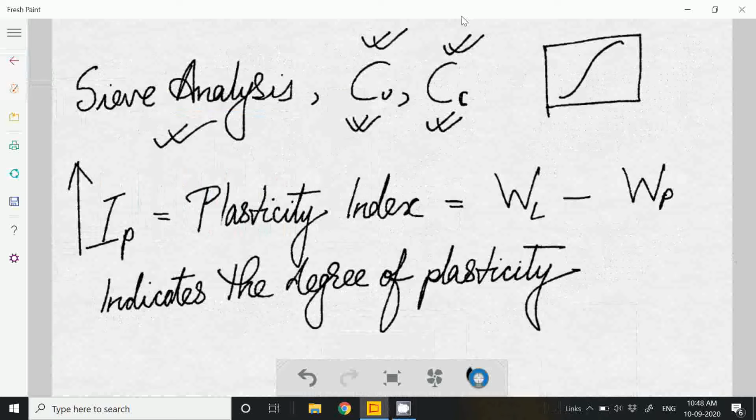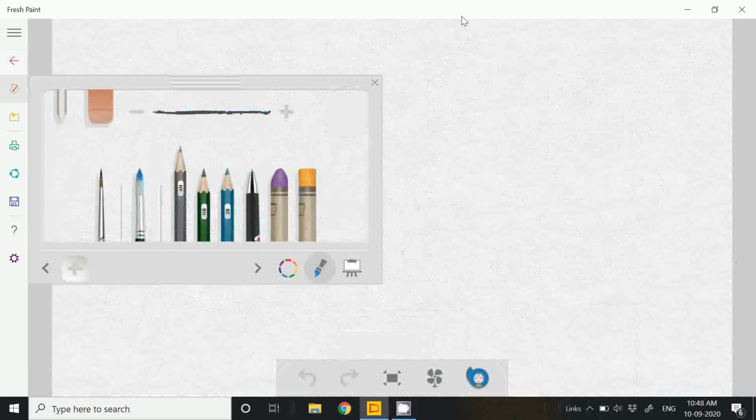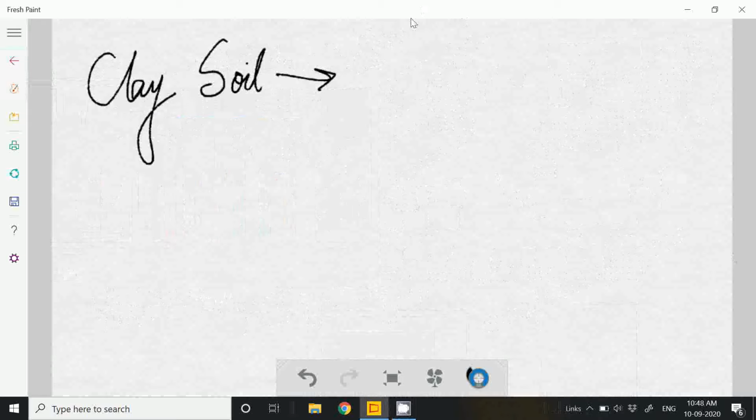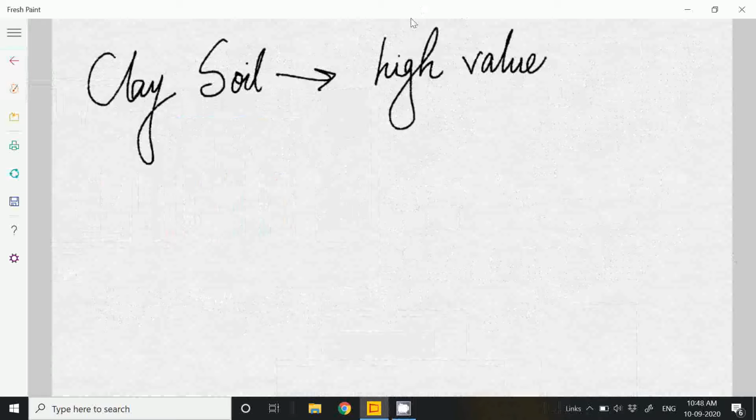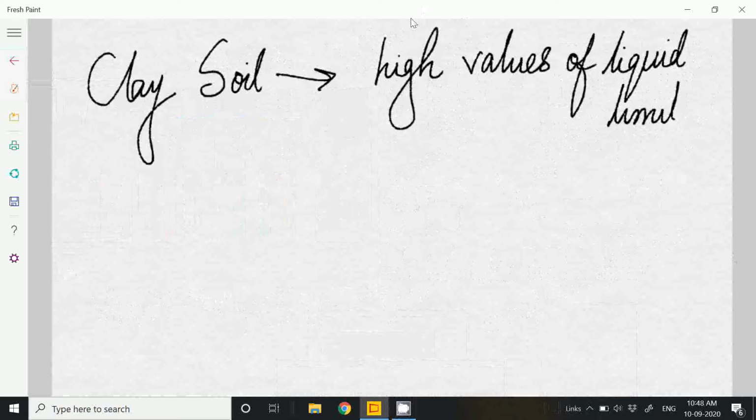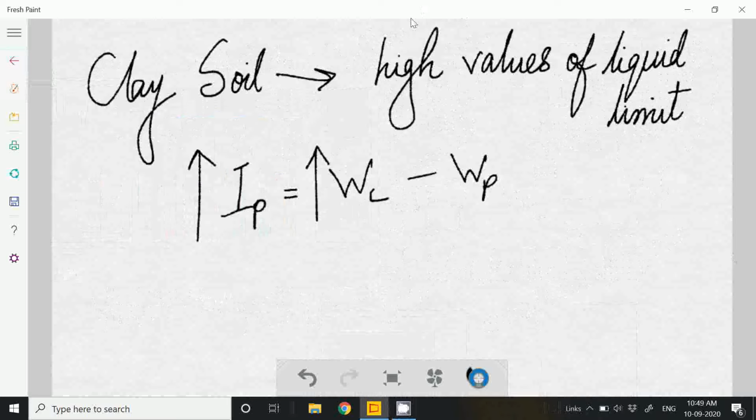Now for clay soil, generally they have high values of liquid limit. So plasticity index is WL minus WP; if WL becomes high, then plasticity also becomes high, isn't it?